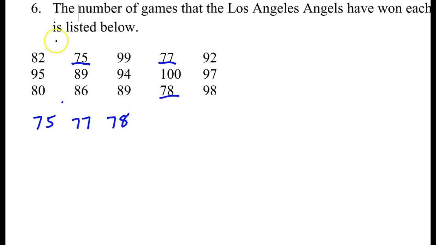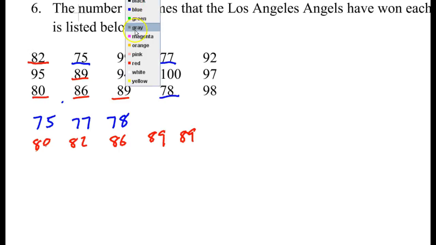Right? And then go through and group all the 80s together, like so. And then put those in order. So we have 80, 82, 86, and 89, 89. Keep on going.